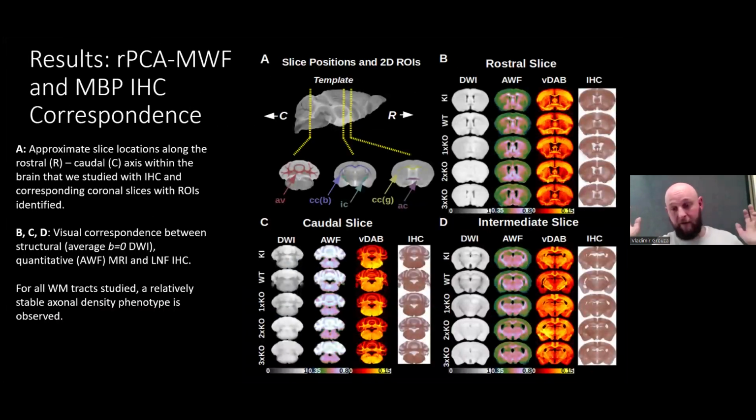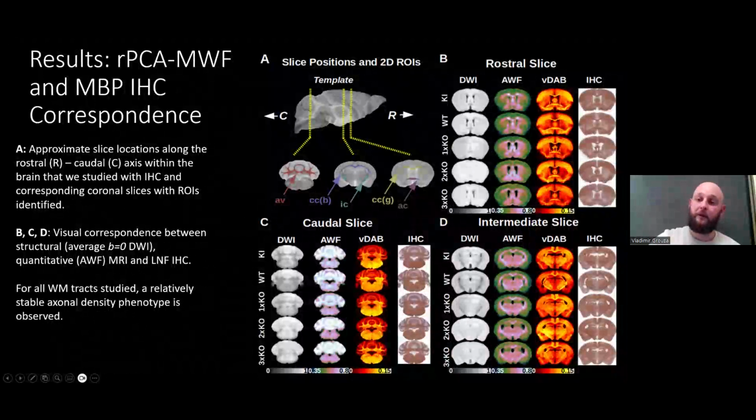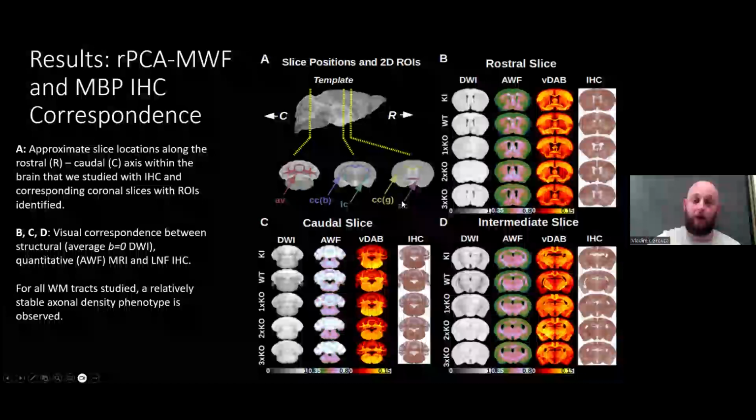And we did the same thing with LNF again. So we went there as well. We co-registered our light chain neurofilament immunohistochemistry to our template, and we did a quantitative comparison of axon water fraction versus our light chain neurofilament as a control experiment for axonal density. And again, we apply the same parcellation masks to our LNF.